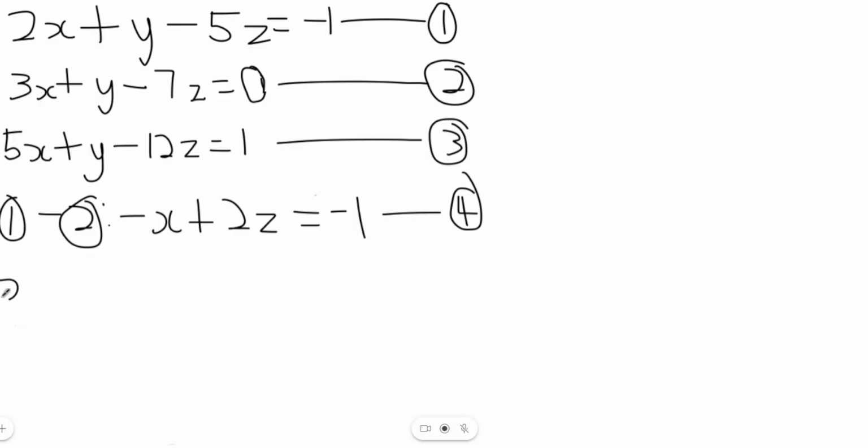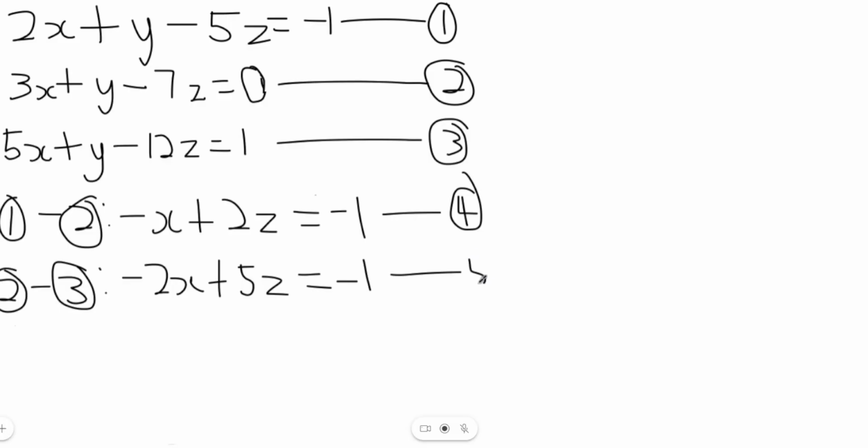So we write 2 minus 3. 3 minus 5 is negative 2x. Y minus y is 0. This minus this is plus 5z equals negative 1. And then we label this.